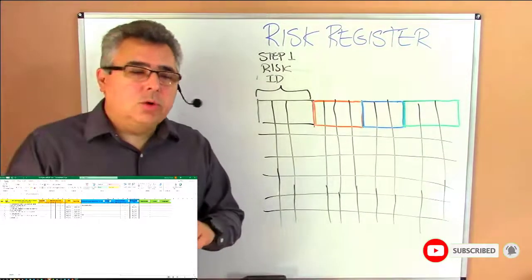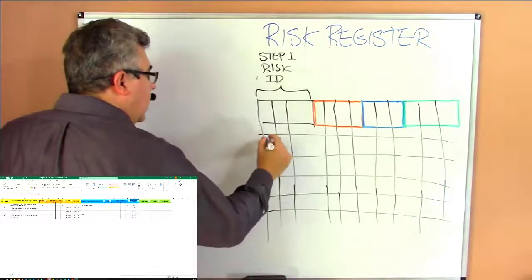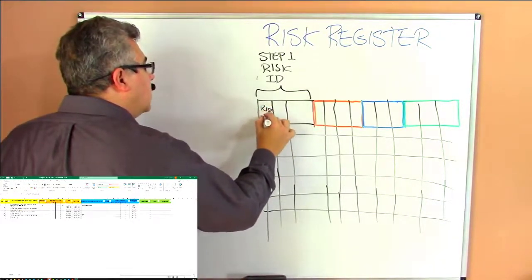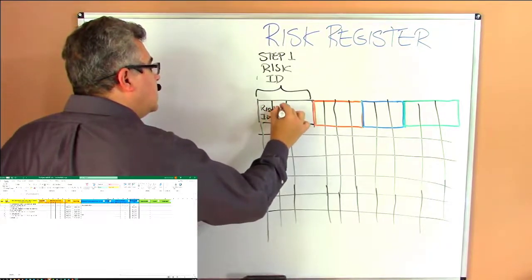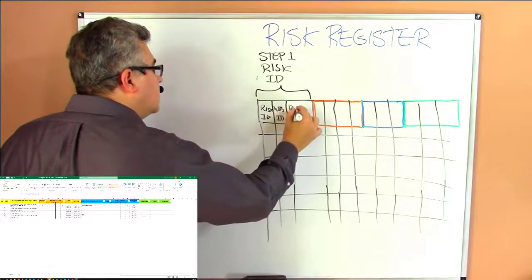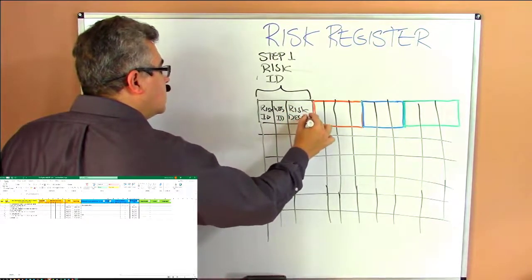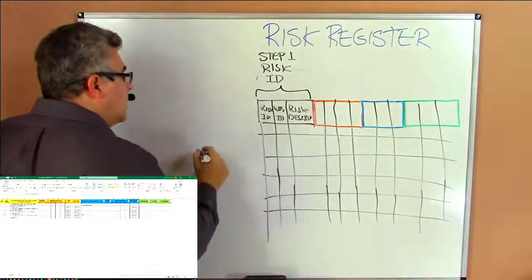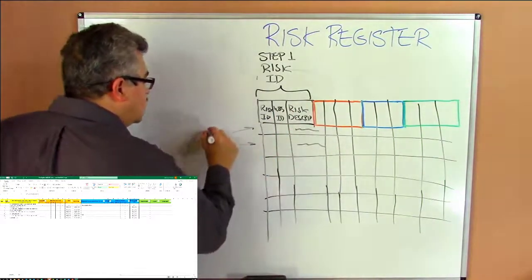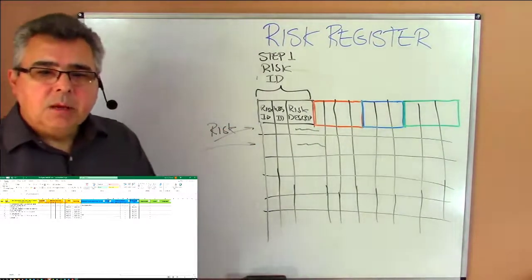So the brainstorm, and then here you'll be putting the risk ID, the WBS ID that the risk is related to, and the risk description. Each risk goes in one line. So that's the first part.